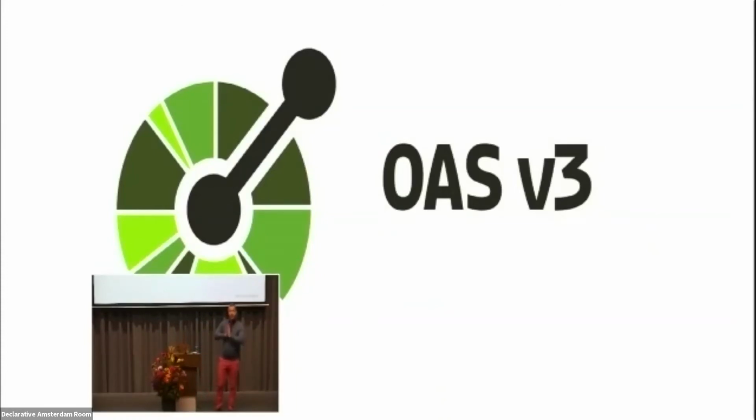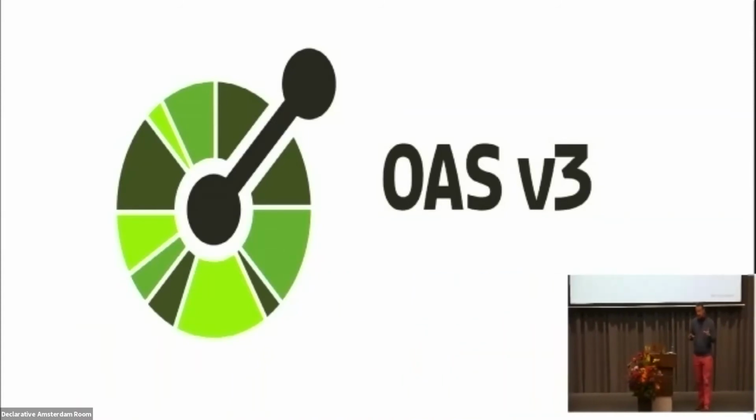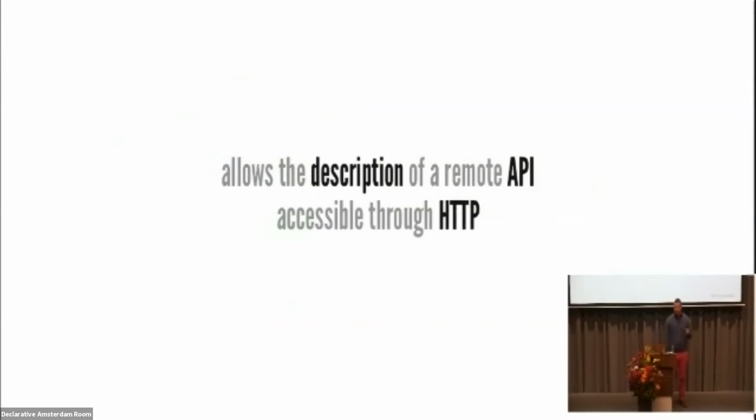And so what he essentially did is you provide the routing with a specification, and that does the routing for you from there. So the handling of which route goes where is declared in the OpenAPI specification. What is the OpenAPI specification? It allows you to describe an API that is accessible through HTTP or HTTP-like protocols.